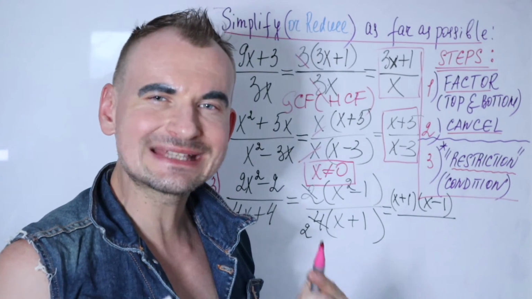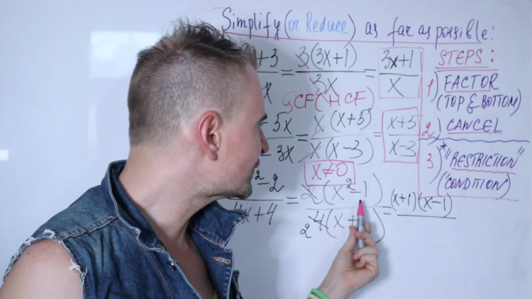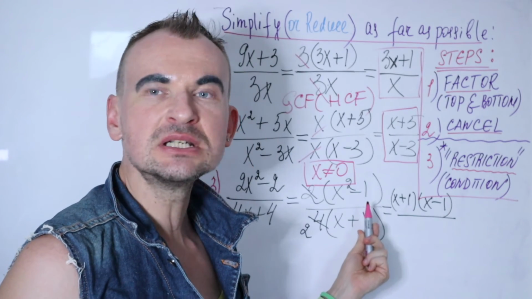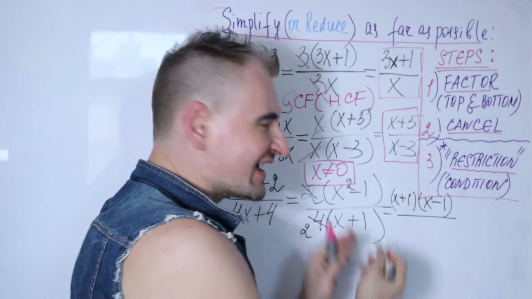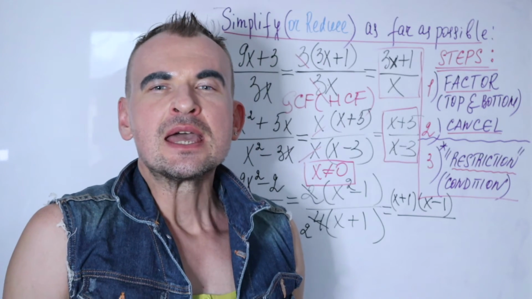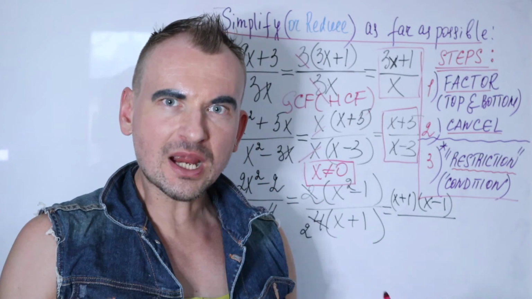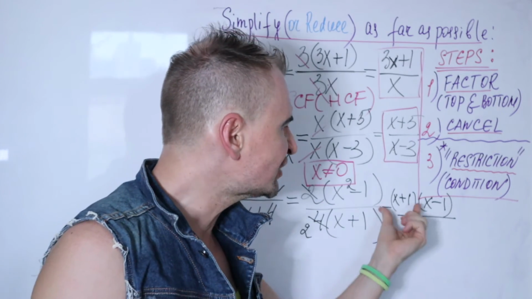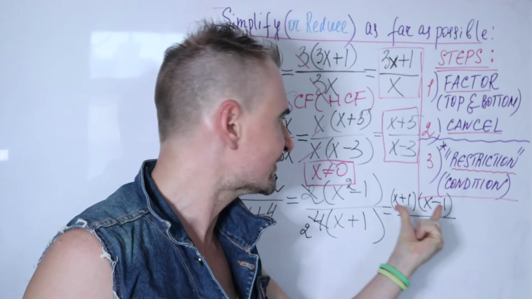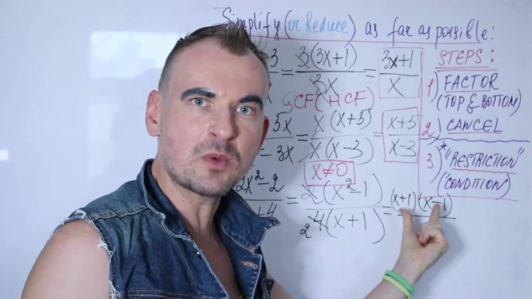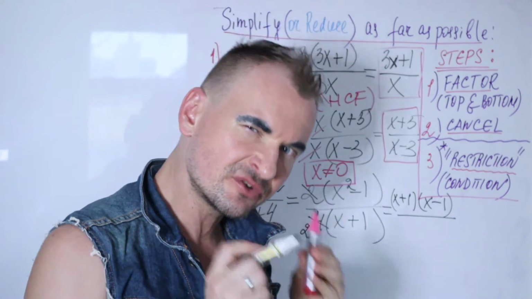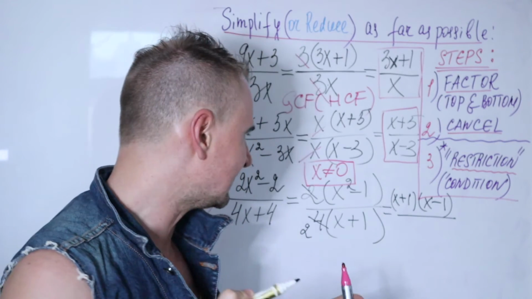Since 1 is a perfect square, since 1 squared is 1, your x squared minus 1 can be broken up into 2 pairs of parentheses, namely x plus 1 and x minus 1. So you factor it out now completely.